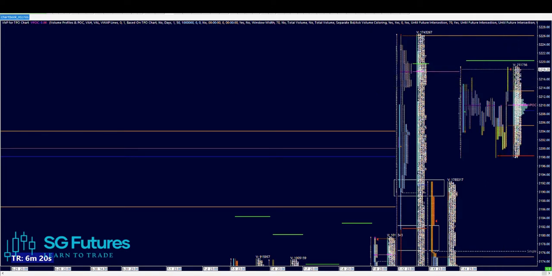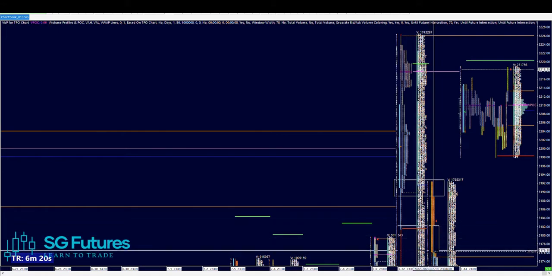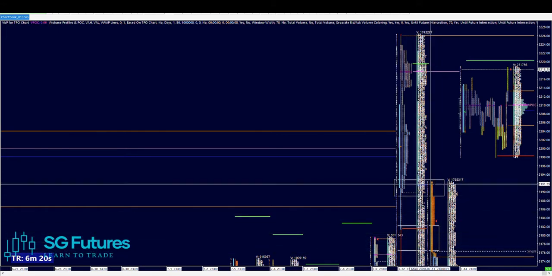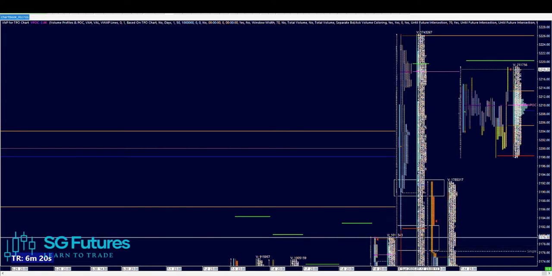So we need to think about our inventory play here. There will be some parties in the market who will have taken in some inventory down here at the 31.84, in this last half hour of trade. They've taken in some inventory, and whether they are buyers or sellers, we don't know yet.